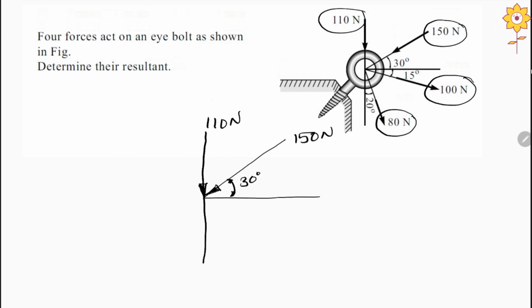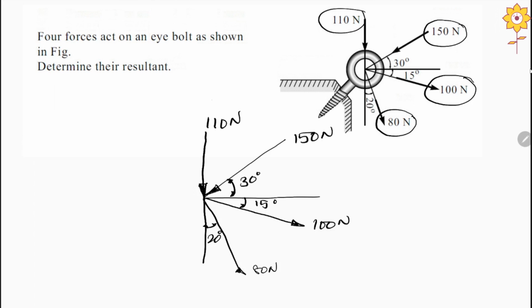One more force, 100 Newton, is acting from the same point, going away from the point at an angle of 15 degree with the horizontal x-axis. One more force is acting downward at an angle of 20 degree with the vertical axis, that is 80 Newton.